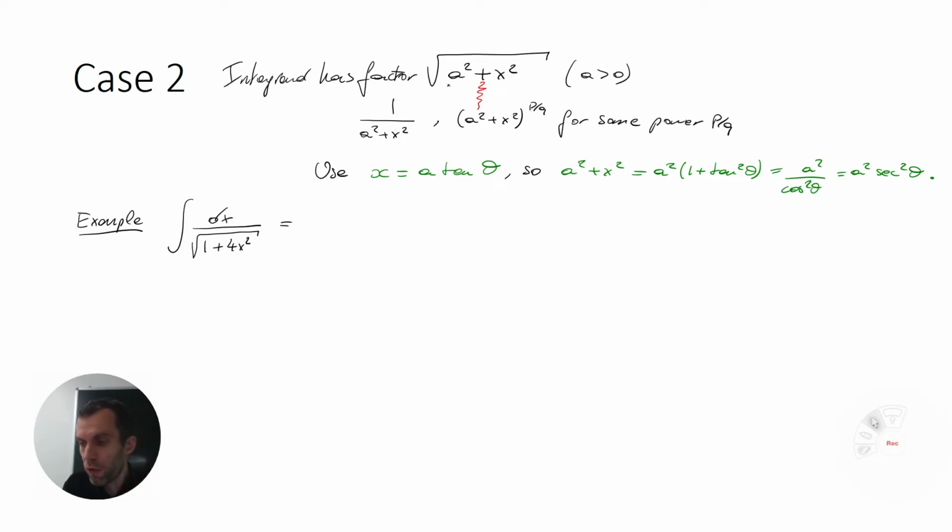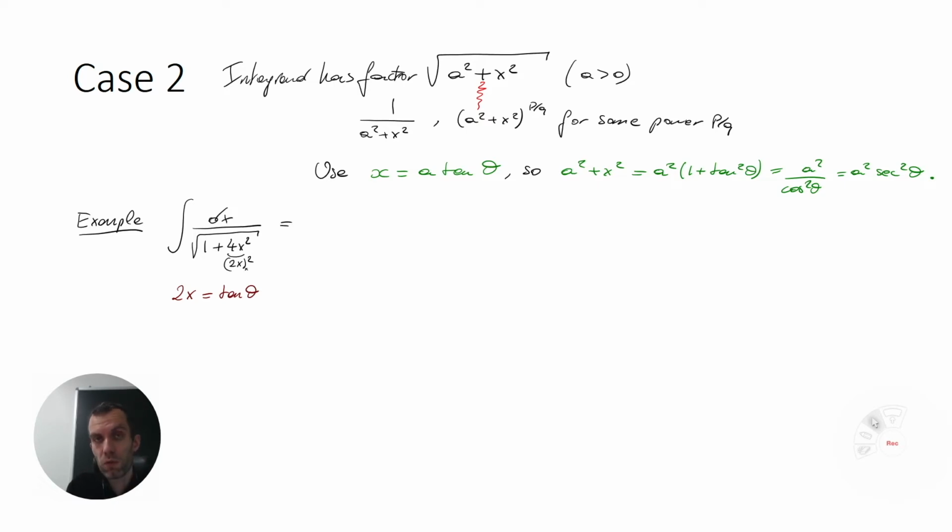So in and of itself, this isn't exactly the case that we started from, because we have 4x squared, we don't just have x squared, but we can sweep that up in one go. What we can do is we can substitute 2x equal to tan theta. And why 2x? Well, 4x squared, we can write that as 2x squared.